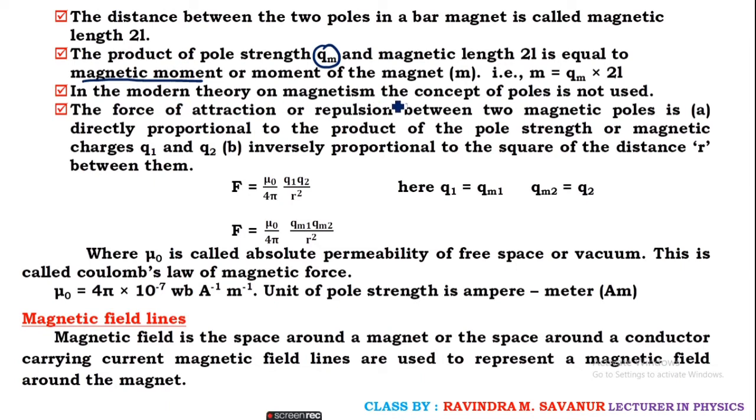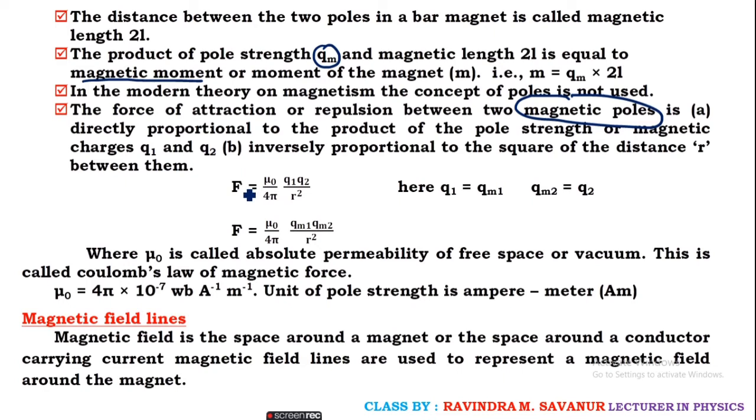In the modern theory of magnetism, the concept of poles is not used. Now what we studied, the Coulomb's law for the force of attraction between two charges in the electric field chapter. Like that, here also the force of attraction and repulsion between the magnetic poles equation is given.